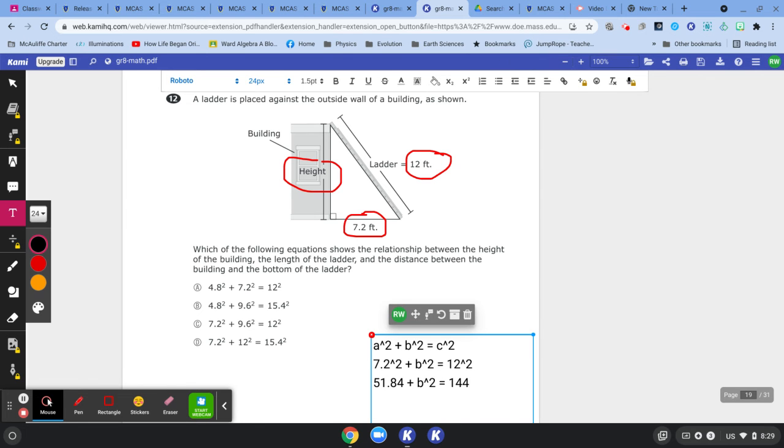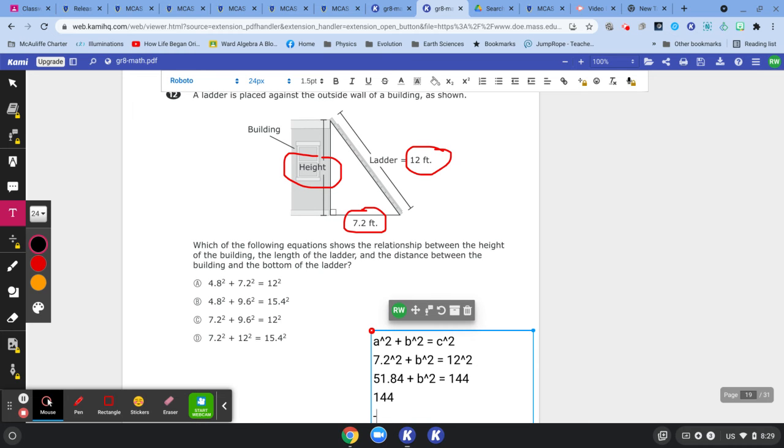So 144 minus 51.84, and I think I'm going to have to scroll down to make this work. It's not going to let me. Hang on.